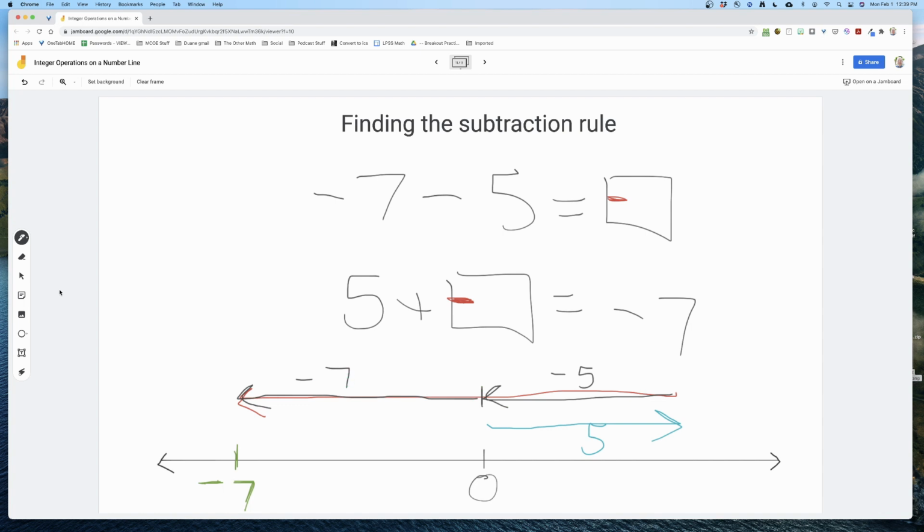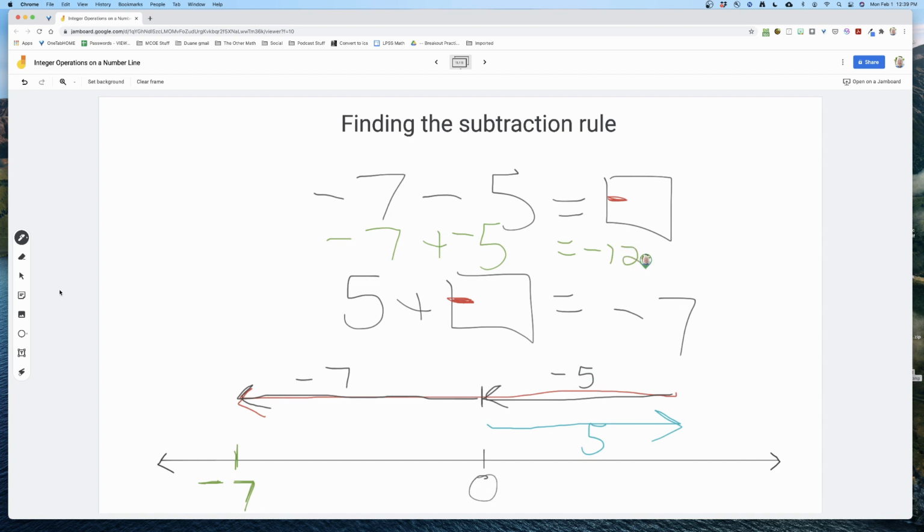Thinking about putting these two together as an addition sentence, we could say this is -7 plus -5. When we decompose the second change, that second change becomes -7 plus a -5, and we know that -7 plus -5 is equal to -12.